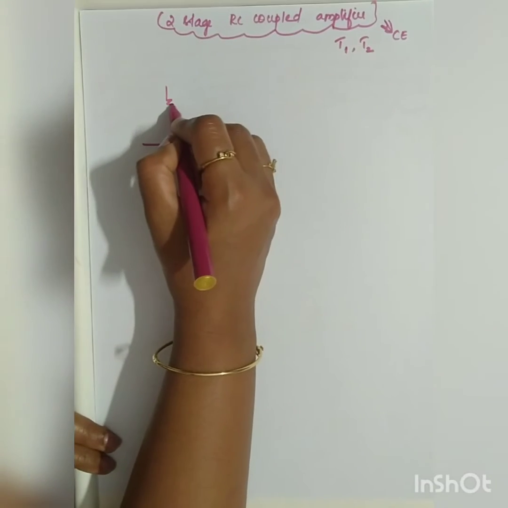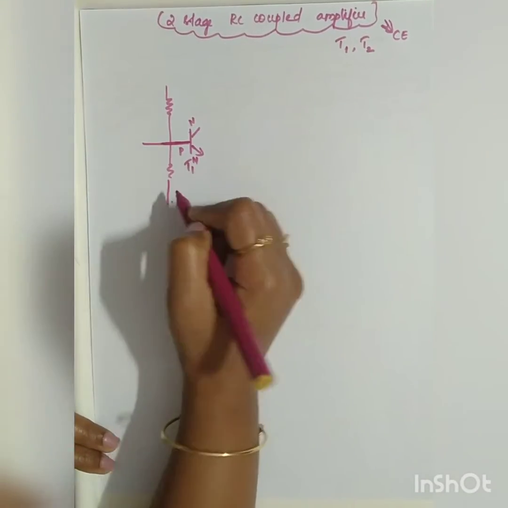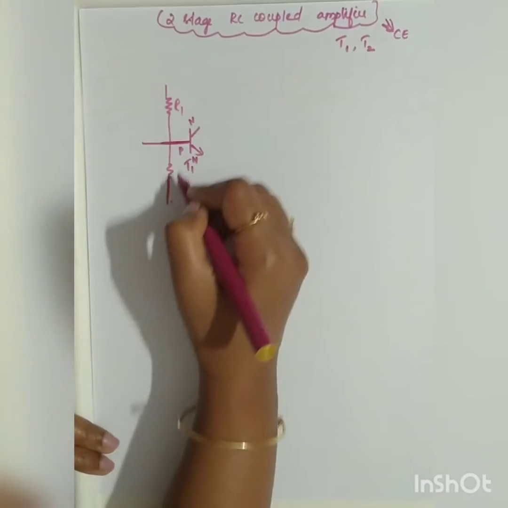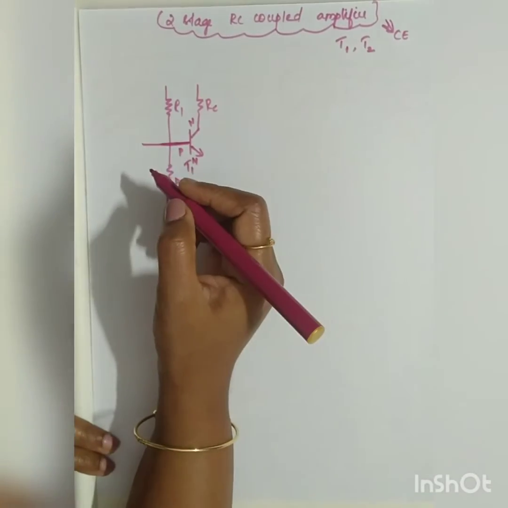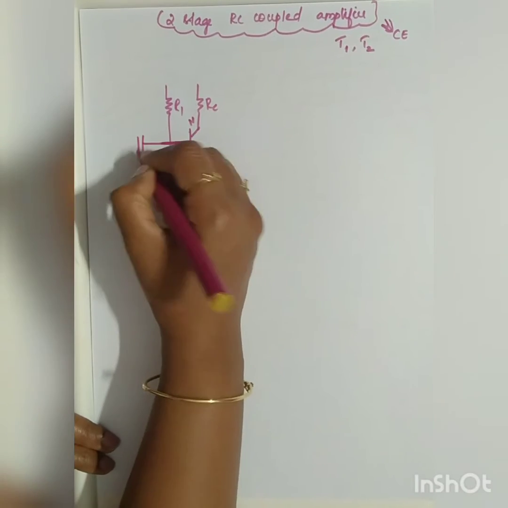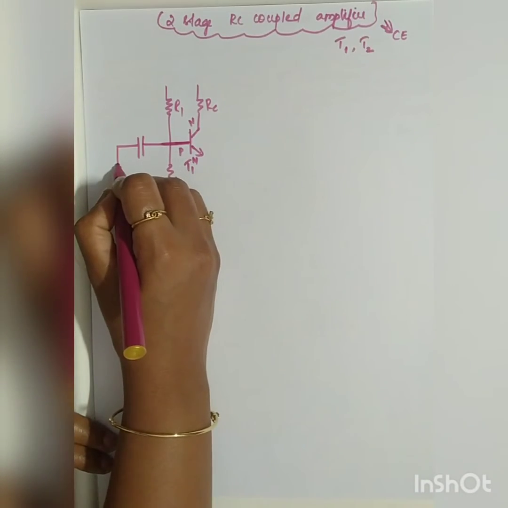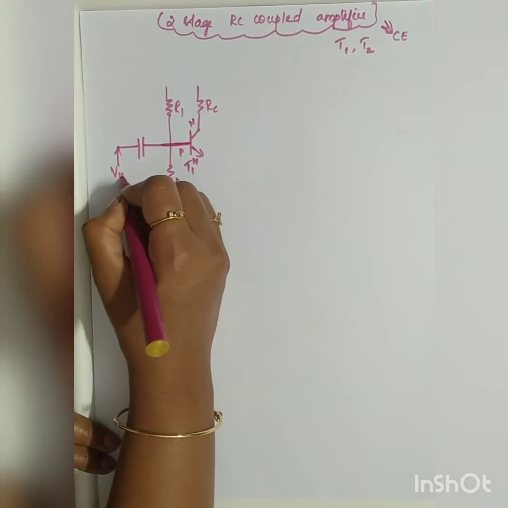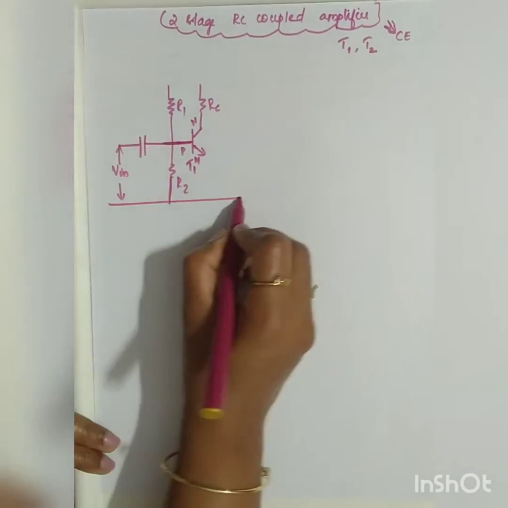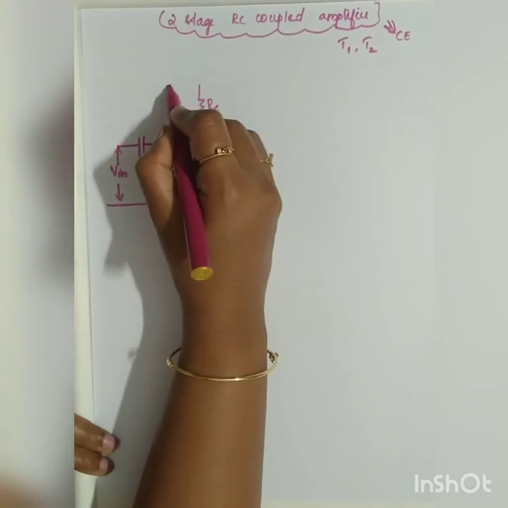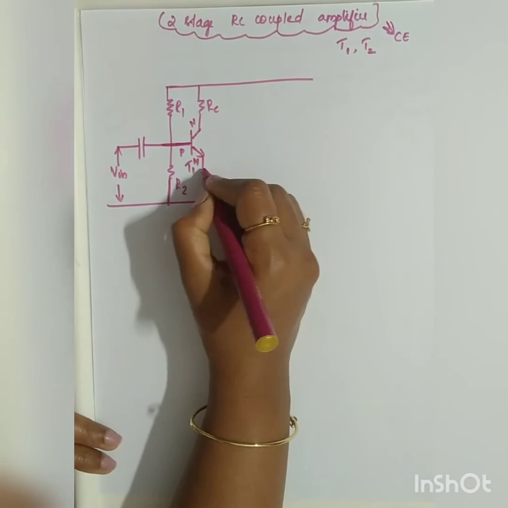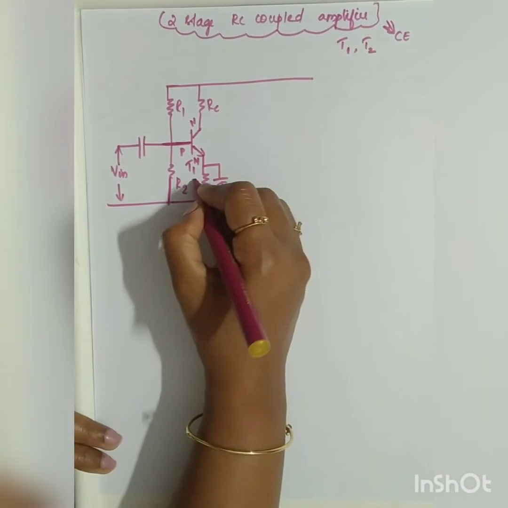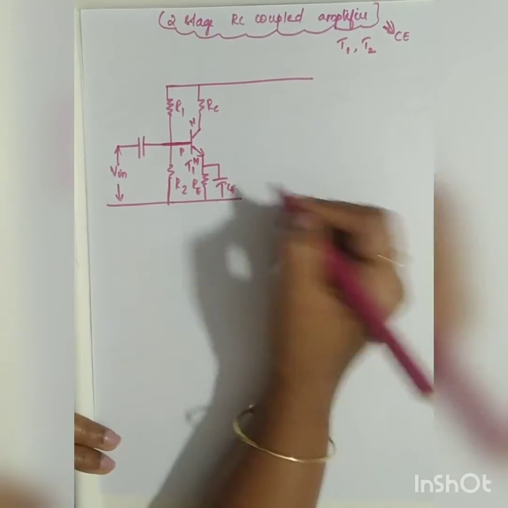So normally you will be having a voltage divider biasing across the input, R1, R2, and you will be having the collector resistor, that is RC. Now a coupling capacitor will be given to the input, to which you will be applying the input. So this will be going on to the common supply. So there will be a pair of RE and CE.